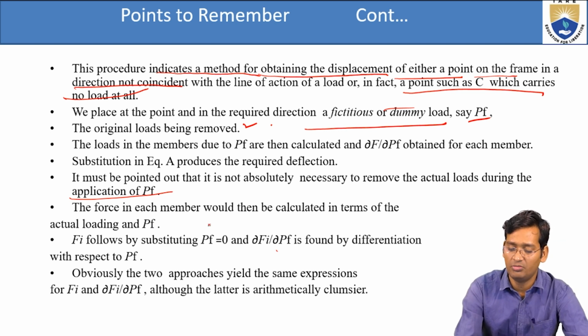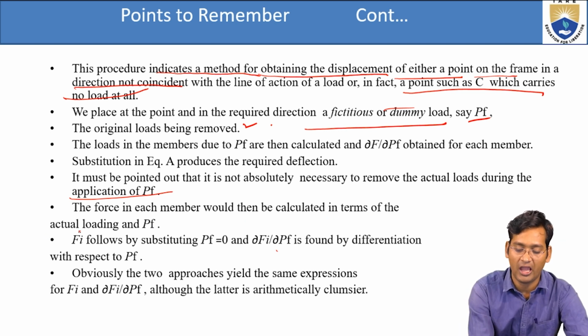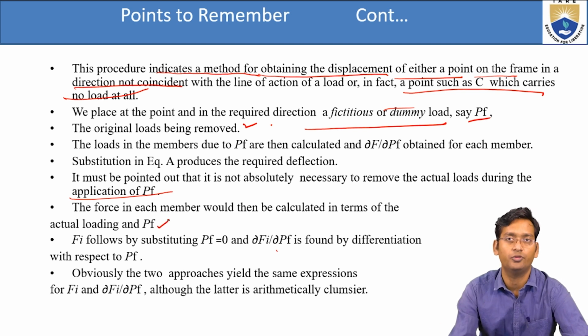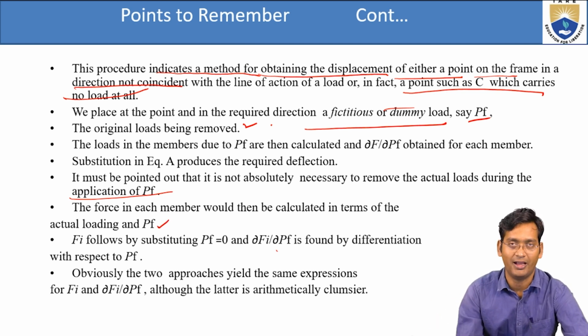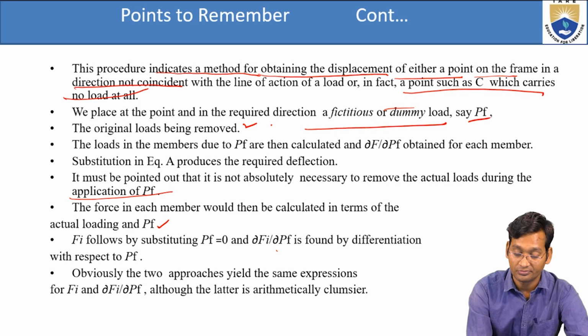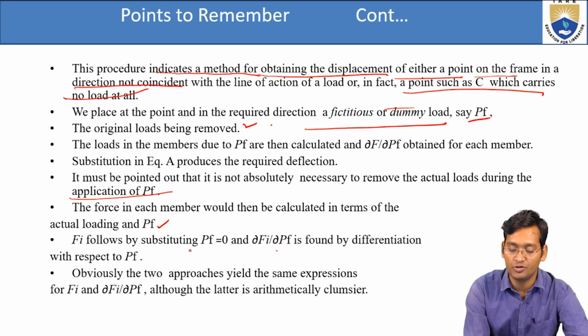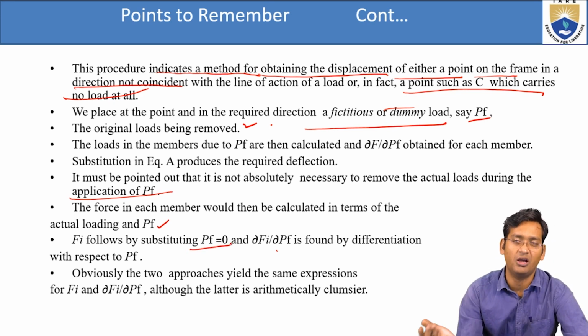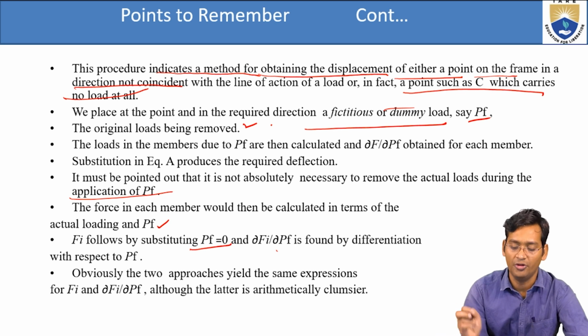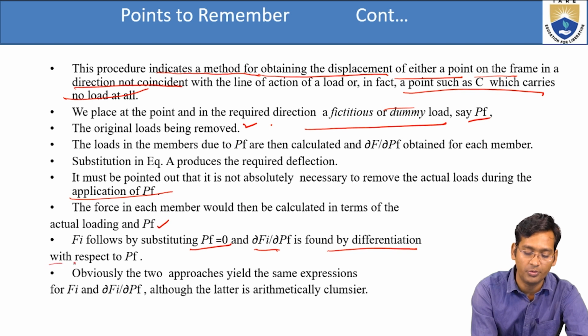The force in each member would then be calculated in terms of the actual loading and PF. So now find Fi in terms of the actual load and PF, followed by substituting PF equals 0, because PF is the virtual load we applied. So now put PF equals 0, and del Fi by del PF is found by differentiation with respect to PF.